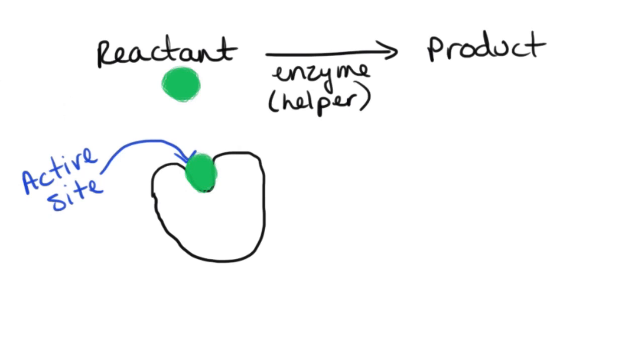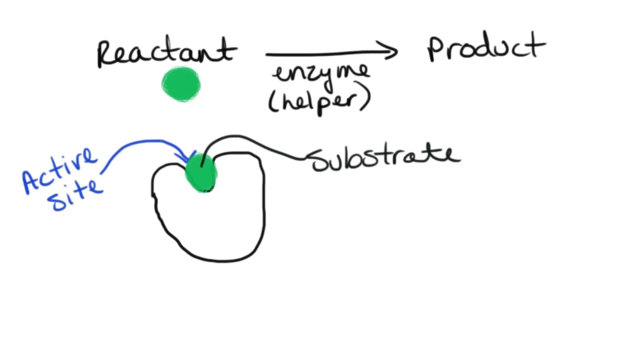When it fits in the active site like that, we're going to call this molecule the substrate. So the active site is designed to accommodate a specific substrate. This is not a one-size-fits-all. It's a very tight fit, like a lock and key would be.